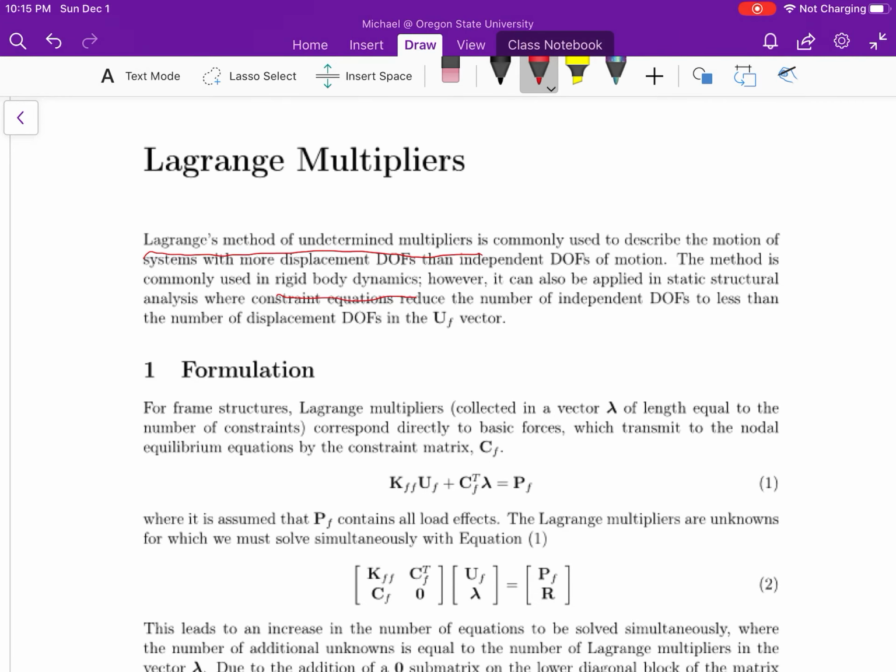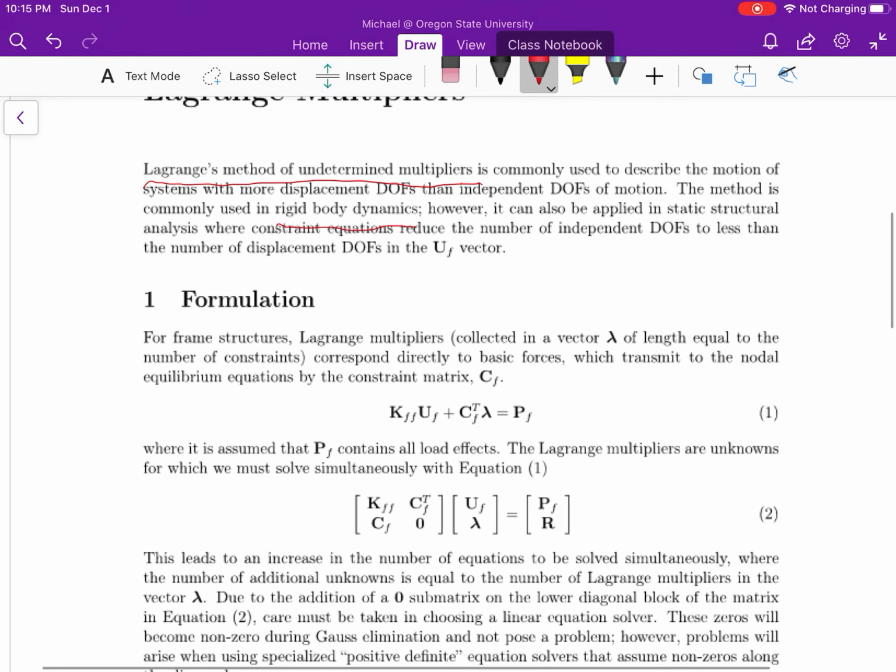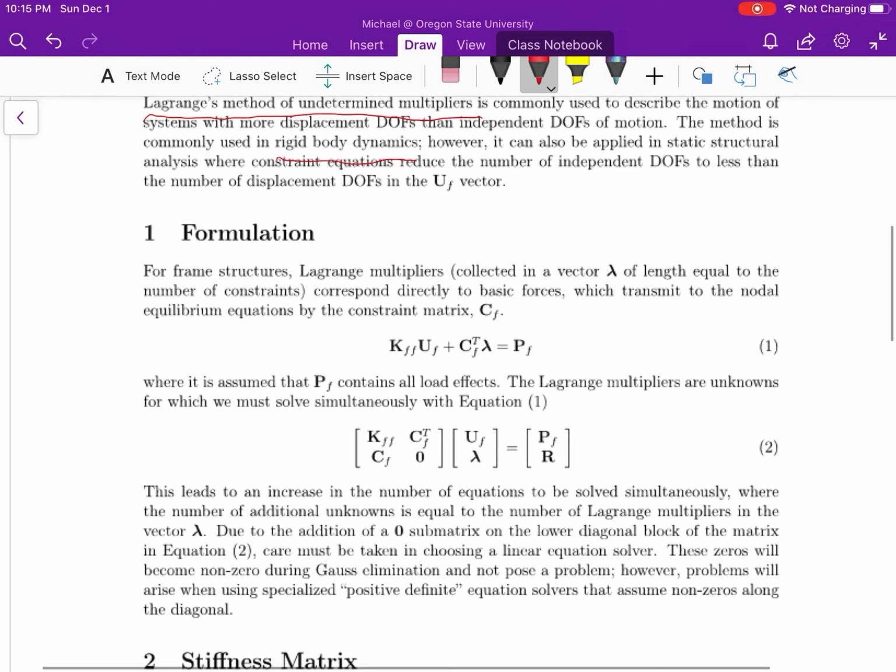Okay, so the formulation for Lagrange multipliers is basically that we add unknowns into our system of equations. These are collected in a vector lambda of length equal to the number of constraints. It can be shown that these Lagrange multipliers, or these unknowns, lambda, correspond directly to basic forces within our system.